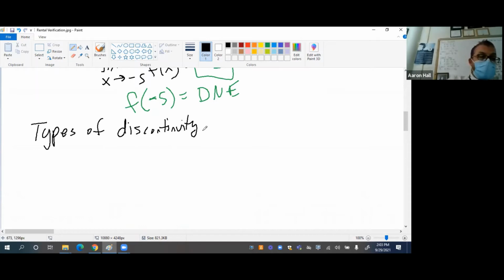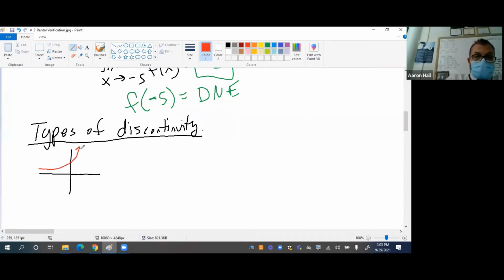The first one, if I have a graph that looks something like this, we say that this graph is discontinuous at some C value here.